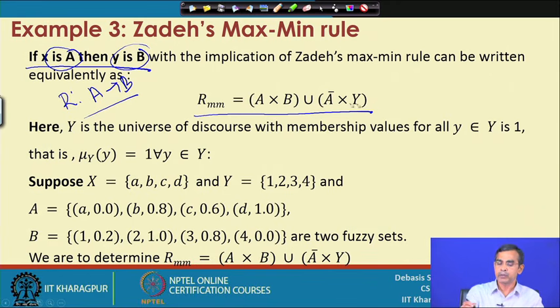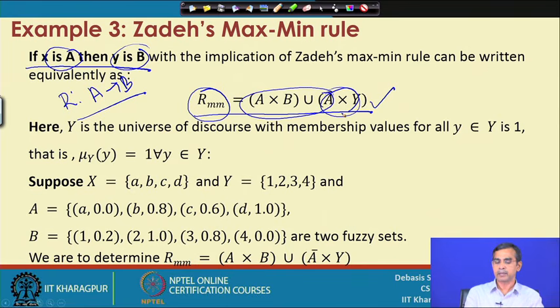If we use this formula, then we will be able to calculate the relation matrix which basically represents the rule R_AB, where if x is A then y is B. Now, you can recall that when we discussed the Zadeh max-min rule, we wrote that it is basically R_AB equals A bar union A cross B, only this part. But here, to make it generalized, we follow this one.